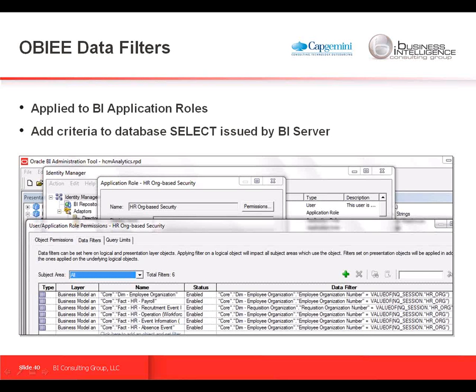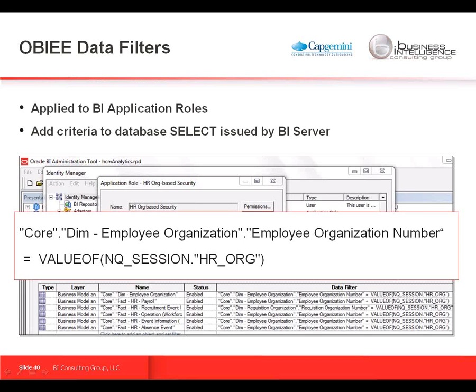But you go in and you select, at a business model or the presentation layer, the table that I want to filter, and you provide a clause, essentially, how do you want to execute that filter. We'll try to zoom in there a little bit.